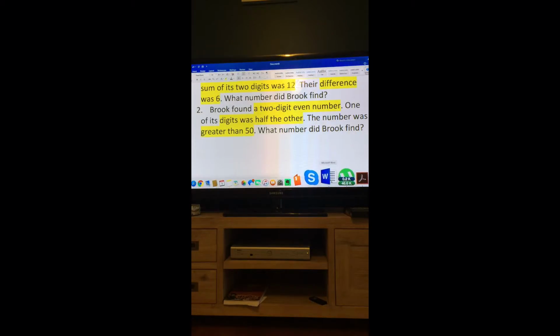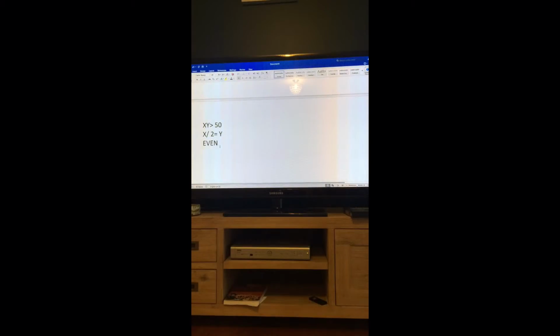So again, if we use algebra the same as before, we know that xy is greater than 50, x divided by 2 equals y, and we know that it is an even number.